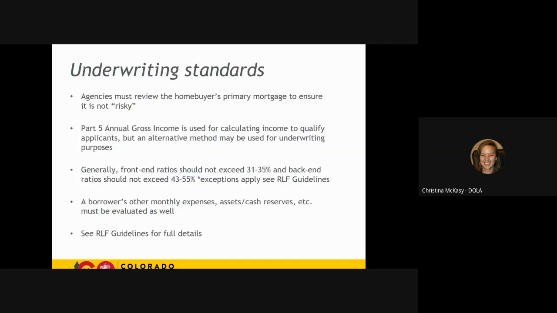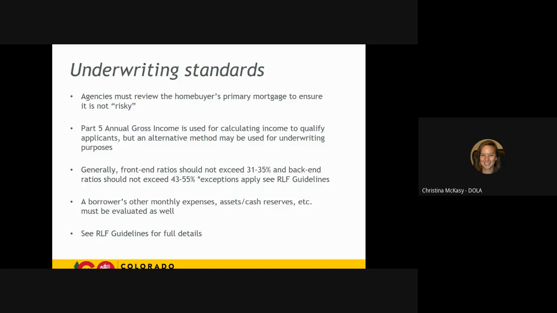This year, we also introduced some new underwriting standards that were mandated by HUD. The full extent of the underwriting standards are outlined in our RLF guidelines, but I just wanted to touch on a few of them.